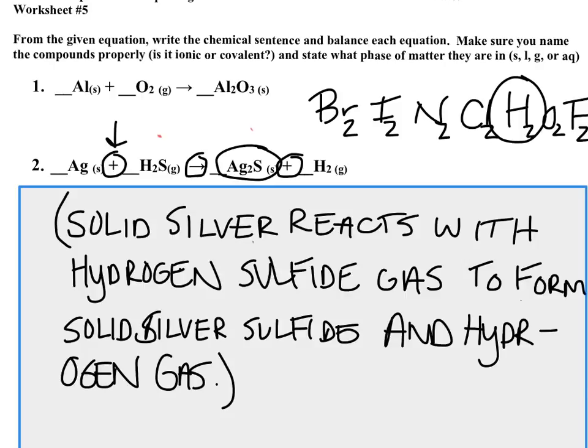And again, we could add how many moles of each, but for the sake of just interpreting the chemical equation, I just want to make sure you know that when we start with the plus sign on the reactant side, that means react with, and when we end with a plus sign on the product side, that just means and. But let's balance this bad boy out. So looking at this equation, on both sides I see that there's, let's see, 2 silvers over here and 1 over here.